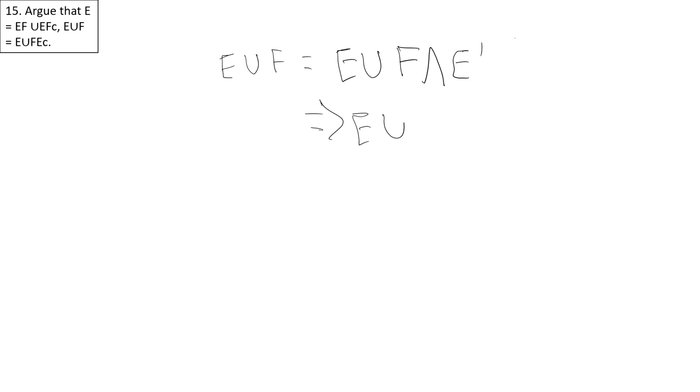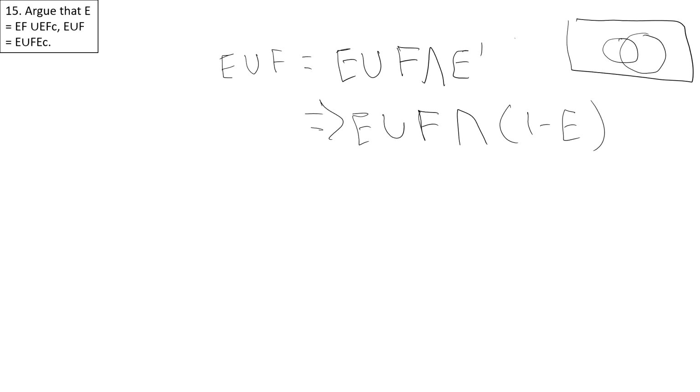So here it is. Now argue that E union F is equal to E union F intersection E complement. We can write it as E union F intersection of 1 minus E. Here is the diagram for this.